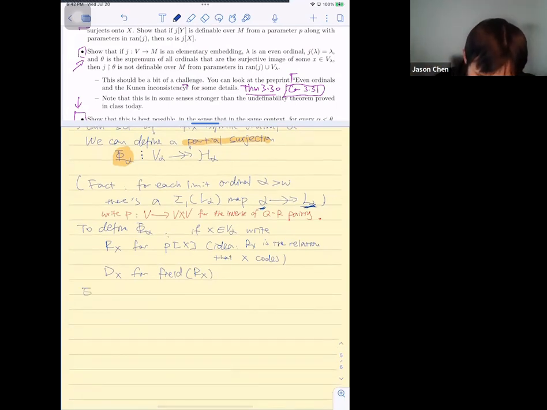Okay, so we define E alpha to be the codes for well-founded relations.